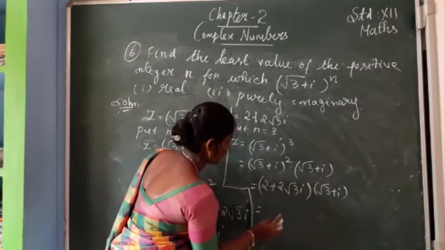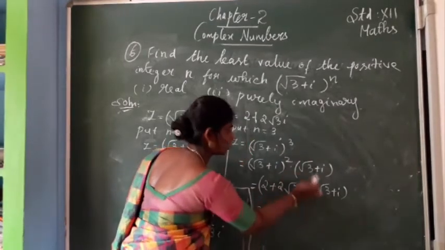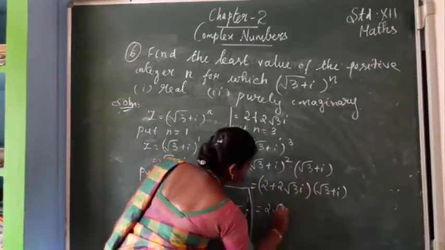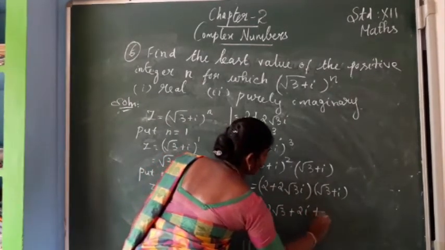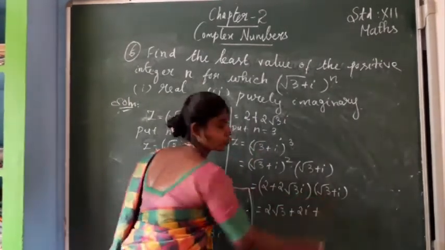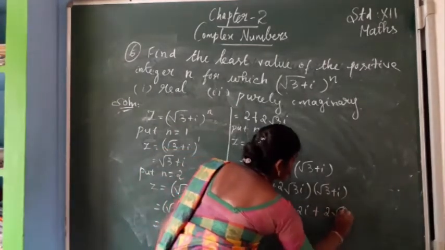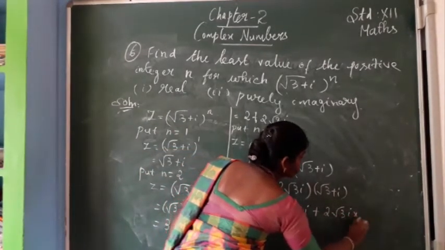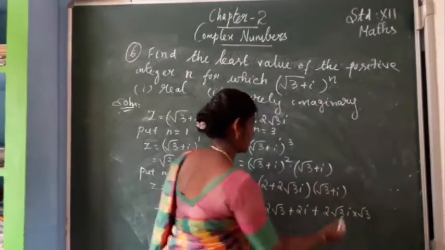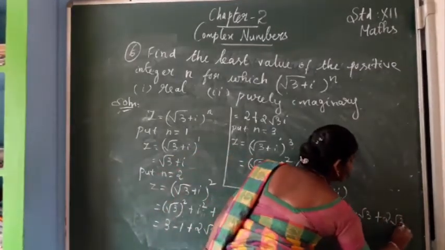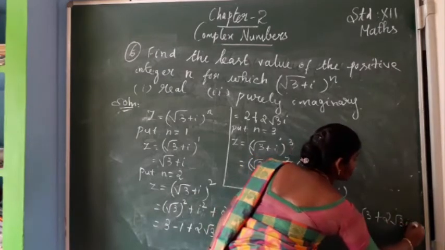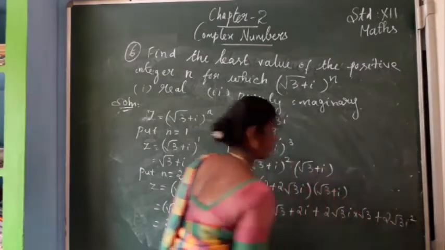That's equal to multiply 2 into root 3, 2 root 3, plus 2 into i, 2i, plus 2 root 3 i into root 3, plus 2 root 3 i into i, that is i square.